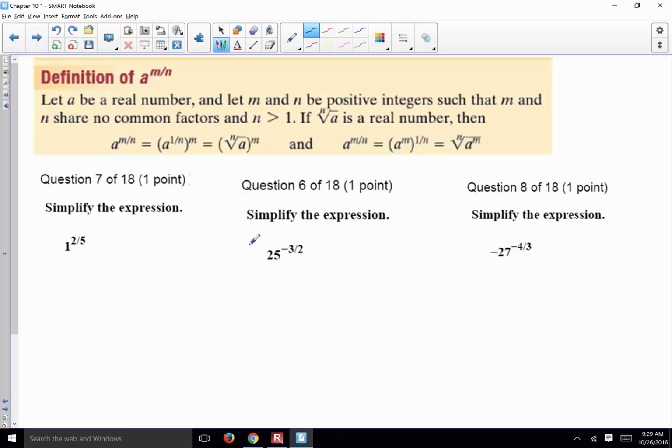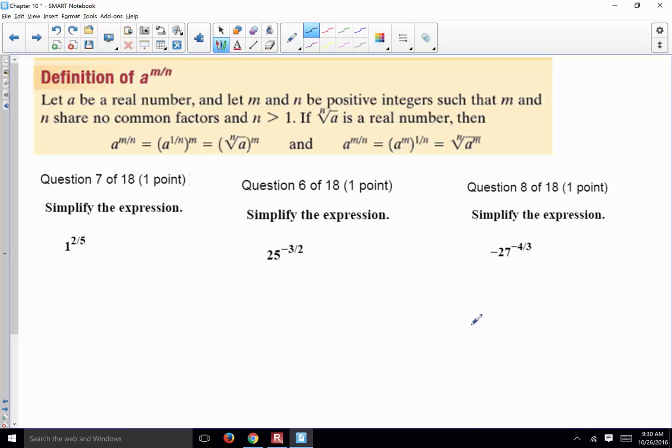Now, look at 1, 2, 3, 4. Well, I skipped 5. And compare 7, 8, 6, 7, and 8. You need to see a difference. If you're not seeing a difference between these questions and the past ones, you're in trouble. Do you see a difference? Don't read the definition. Don't read the yellow area. Just see the difference.